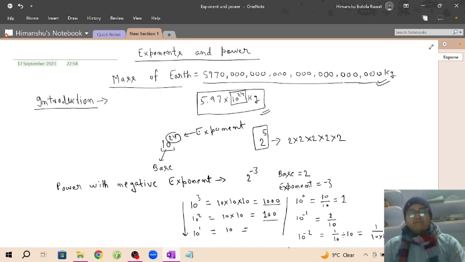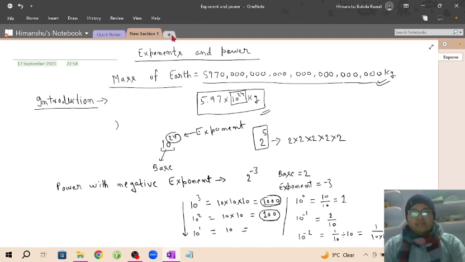Basically, if I am decreasing the exponent, we are dividing that number by the base. Here you can see that if we decrease the exponent, the value reduces to 1/10 of the previous value. The 1000 divided by 10 gets you 100.